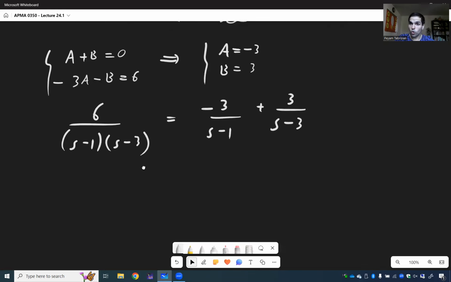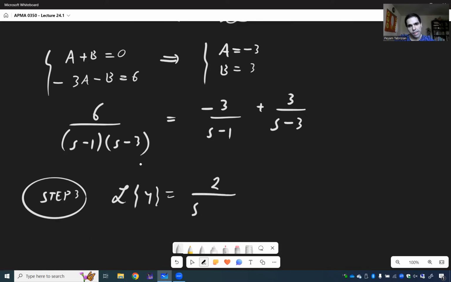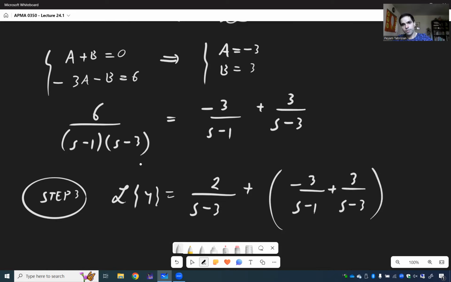Very good. And now let's go back to our differential equation. So far we had L of y equals 2 over s minus 3 plus 6 over s minus 1 times s minus 3, so minus 3 over s minus 1 plus 3 over s minus 3, and times the exponential term, e to the minus 4s.